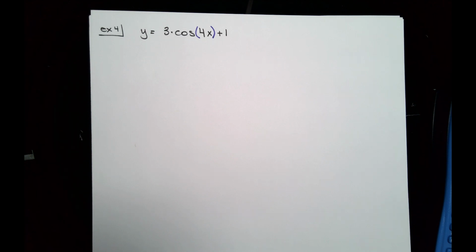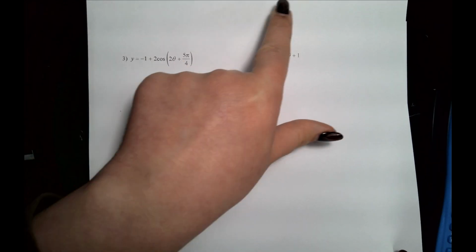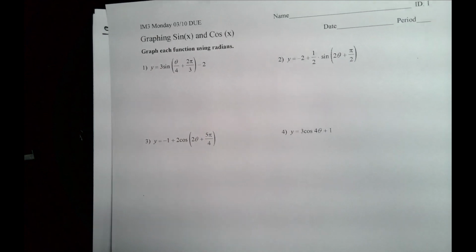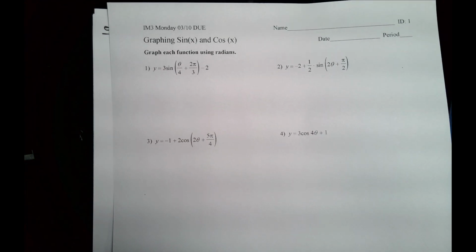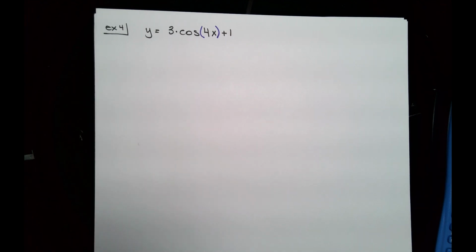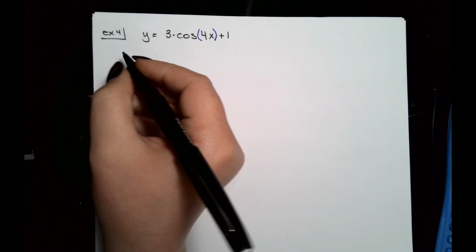If you did have a horizontal shift, it would be in parentheses as a binomial. Because you don't have a horizontal shift, they do not provide you the parentheses. So very important that you put parentheses to help you understand that that plus 1 is a k value, not an h value. Let's start.